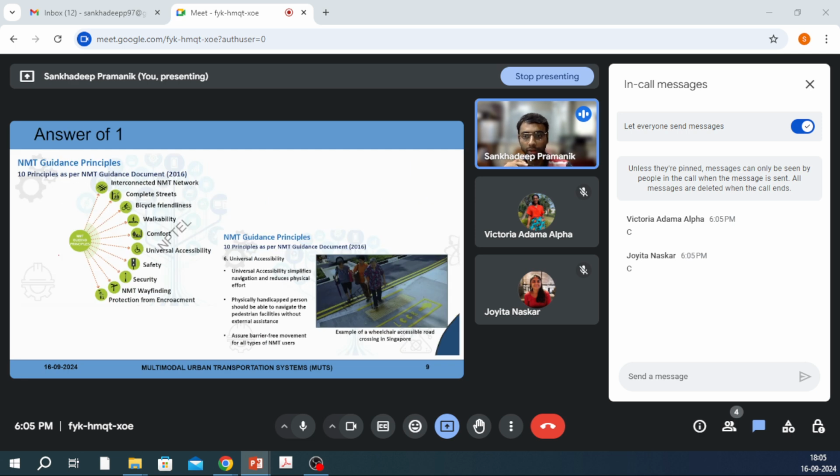We learned about the 10 principles of the NMT guidance document. As per the document, there are different aspects like complete street, bicycle, walkability, comfort and safety. These we should remember while designing an NMT system. One of the major aspects is universal accessibility: it should facilitate older people, disabled people, everyone, so that it is barrier-free movement for all types of NMT users.